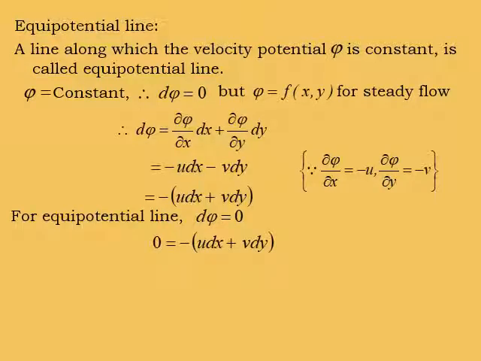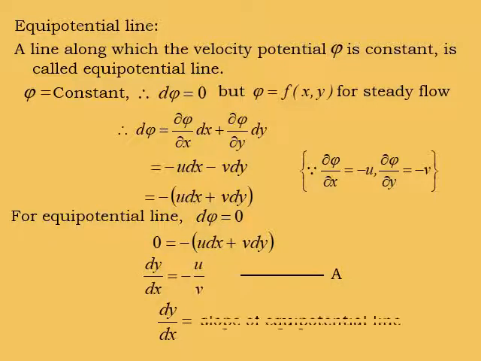So now this equation becomes 0 is equal to minus of u dx plus v dy. So finally it simplifies, and dy/dx is equal to minus u/v. That is expression number a.